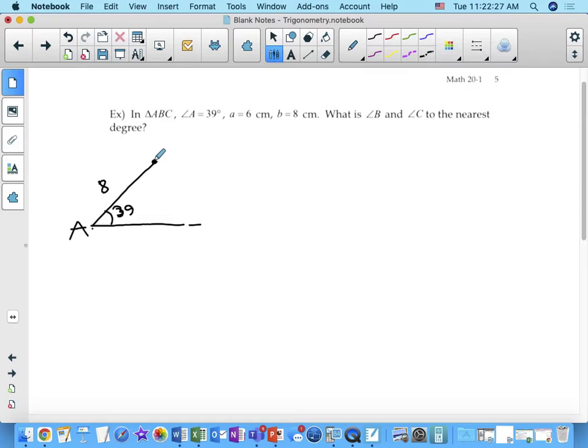So if you can imagine this swinging around, that could hit over here as well. Okay, so this will result in the ambiguous case of the sine law.